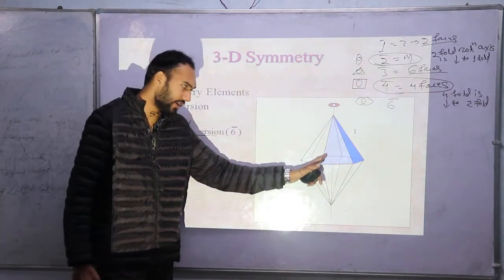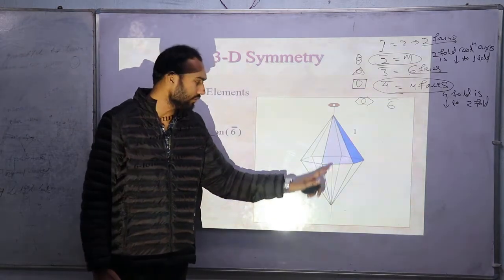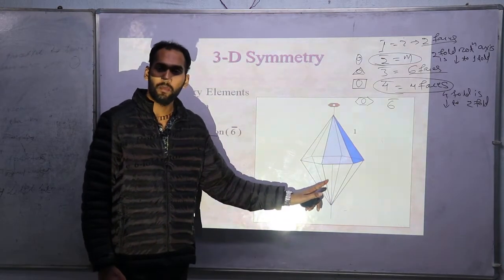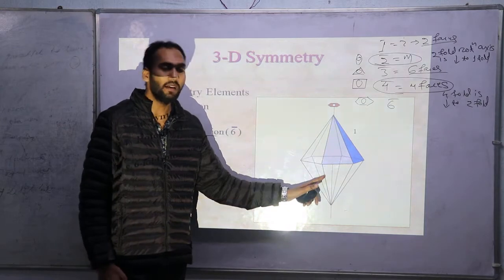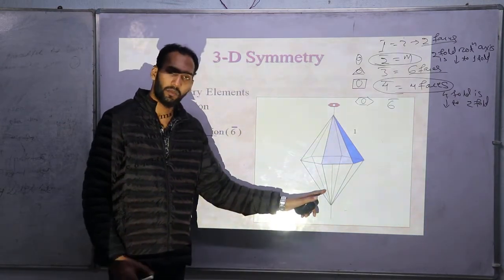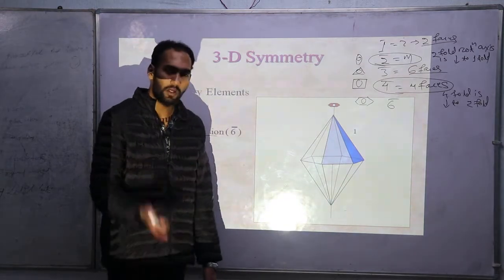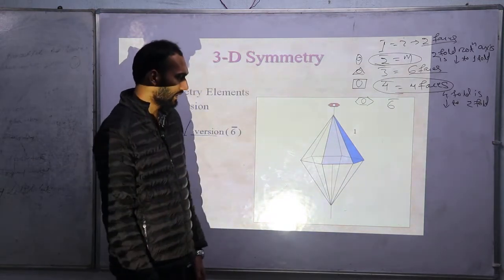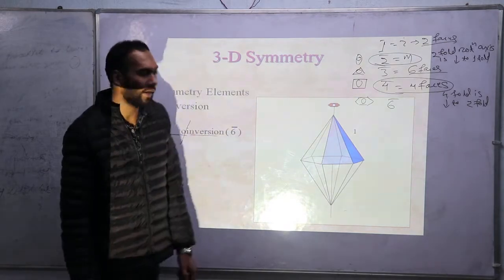So this is the temporary phase. To invert it, we have to go to the lower hemisphere because it is in the upper hemisphere. We have to change the hemisphere and invert it with respect to the center. Then that will be my final phase.